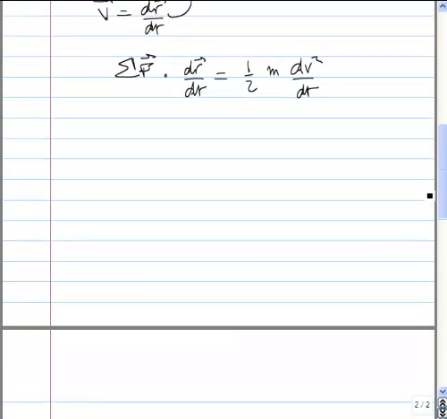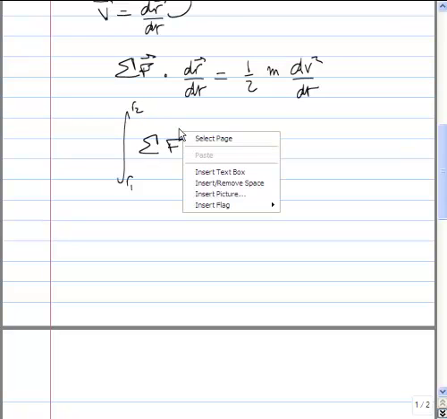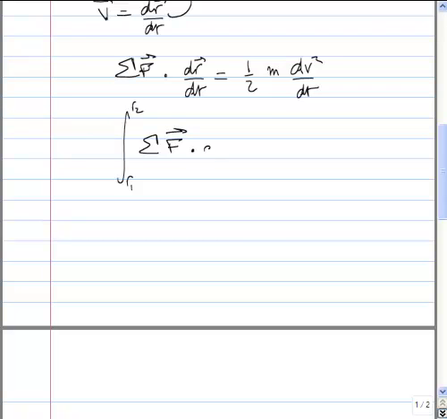Okay, now let's multiply everything by dt and integrate both sides. My variable on the left hand side is dr, so I'm going to go from r1 to r2 of sum of the forces dot dr, and on the other side 1/2 m is a scalar, so I can leave it out of the integral, m divided by 2 integral of d(v squared). Now my variable is v squared, so I can integrate from v1 squared up to v2 squared.